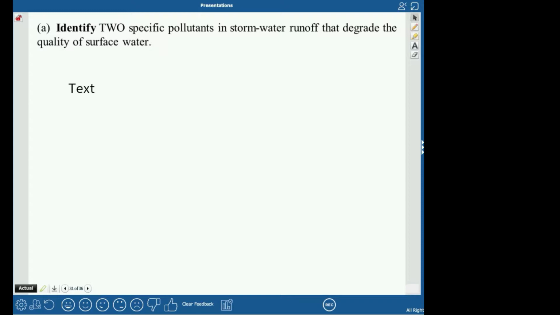Yes, pesticides. Pesticides is a problem. We could talk about nitrogen, phosphorus, sewage.